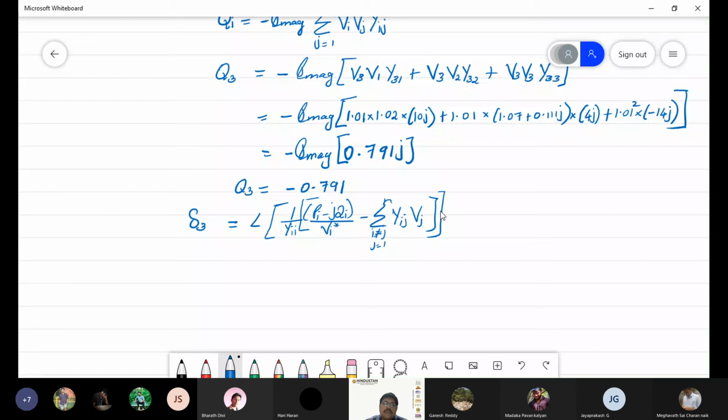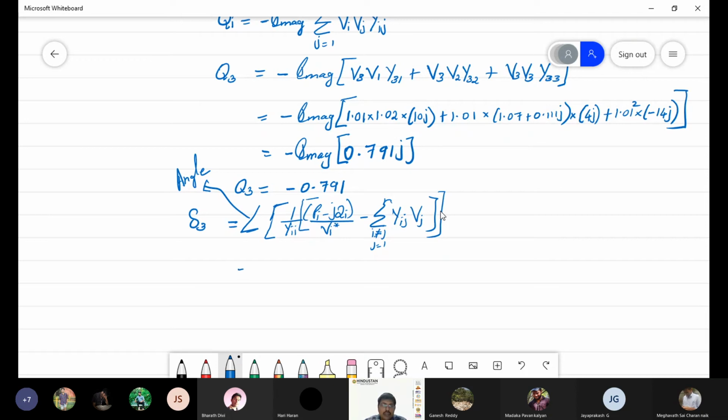Right? So here you can see this stands for angle. You just name it as it is, angle of.